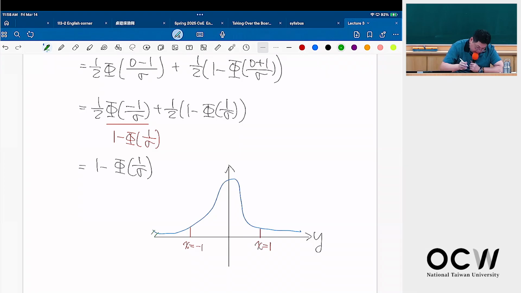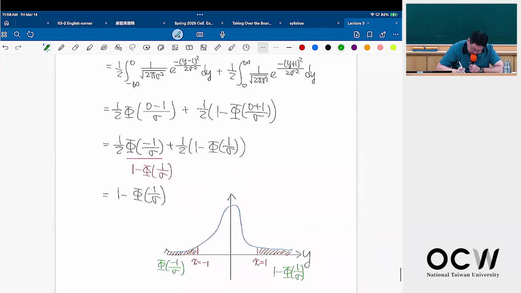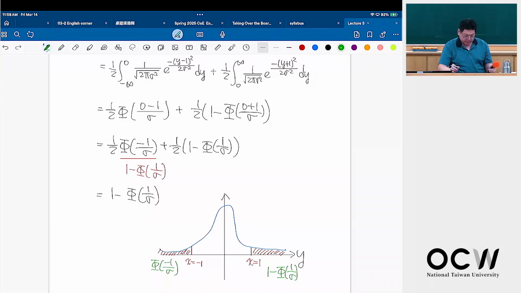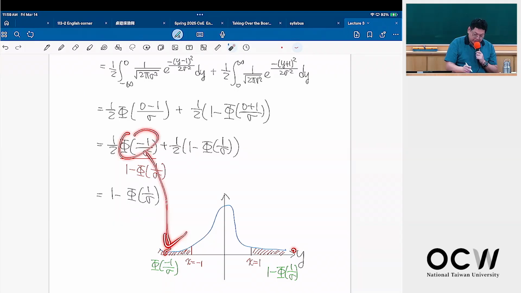For all here and above 1, the left hand side is phi of minus 1 over sigma, and the right hand side is 1 minus phi of 1 over sigma. It's symmetric, so this part is equal to this.